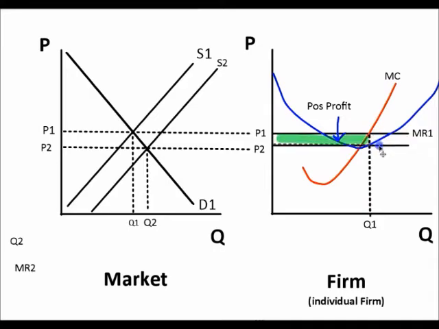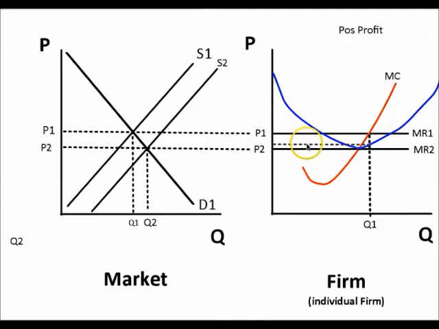We saw this in the previous video, how this happens. The supply on the market side is going to keep going up until the new marginal revenue reaches the zero profit point. When that is reached, the positive profit for the firms goes away.